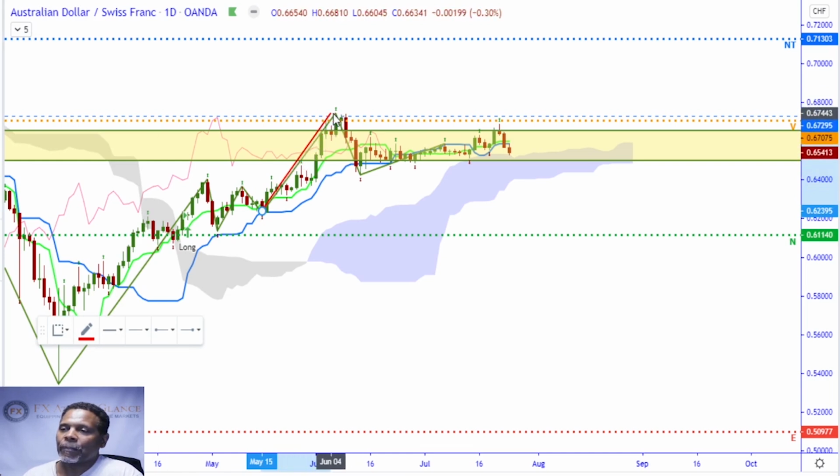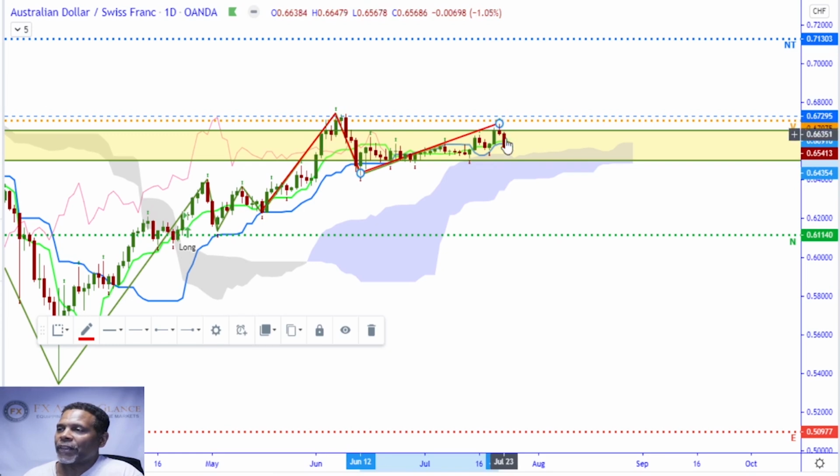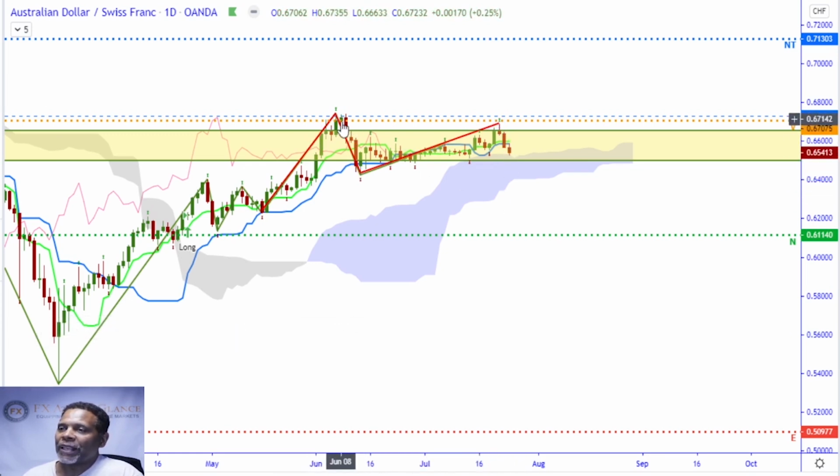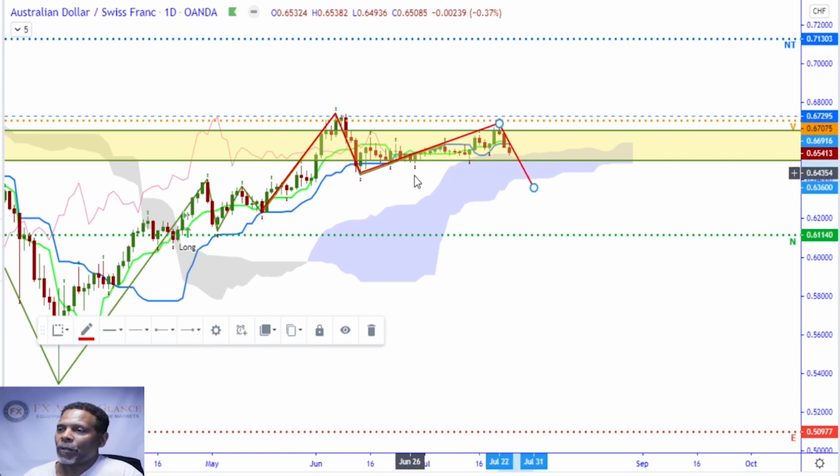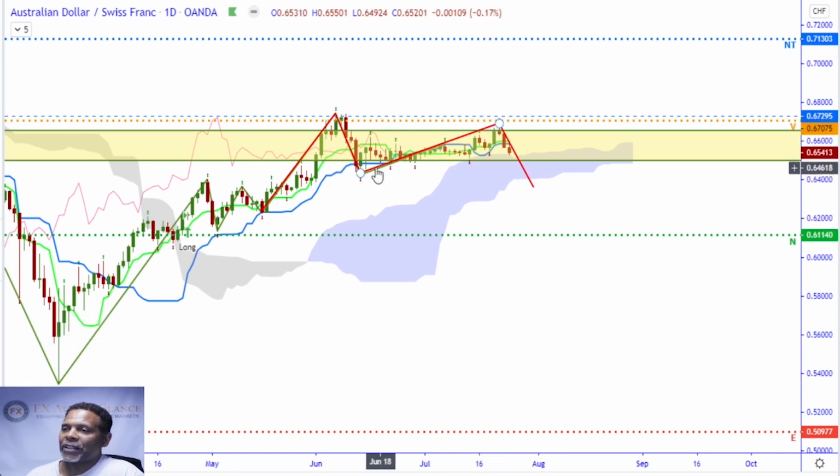You get this high, you put in a high there, and then you put in this low, right? And then your next high is at this point. If that remains the high and does not break this high, the next move you should see would be this, which then breaks this level. That's where we know we're in a good trade. At this point, it would be more like a Kumo breakout here, and then you could see the possibility of the market dropping.